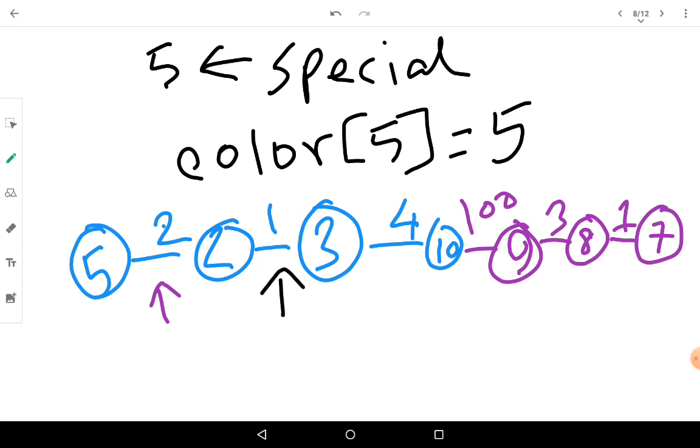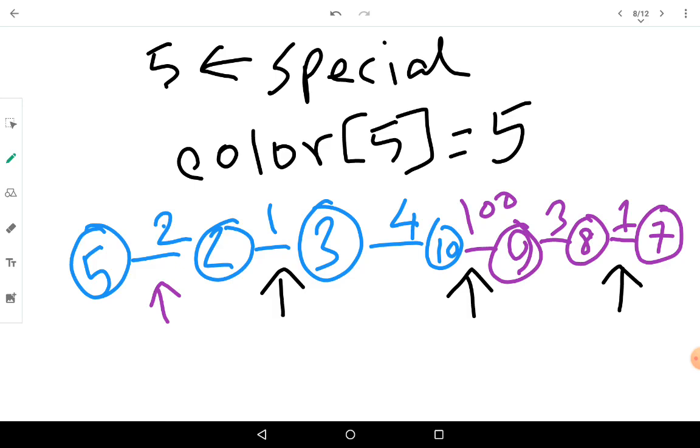Similarly, this edge has 2 endpoints, and it is blue. This edge has 2 endpoints and these are purple. But if we look at this edge, it has 2 endpoints and the endpoints do not have the same color. It's a special edge, right? The edge with the cost 100. So this edge has 2 endpoints, one of the endpoints is blue and one is purple.